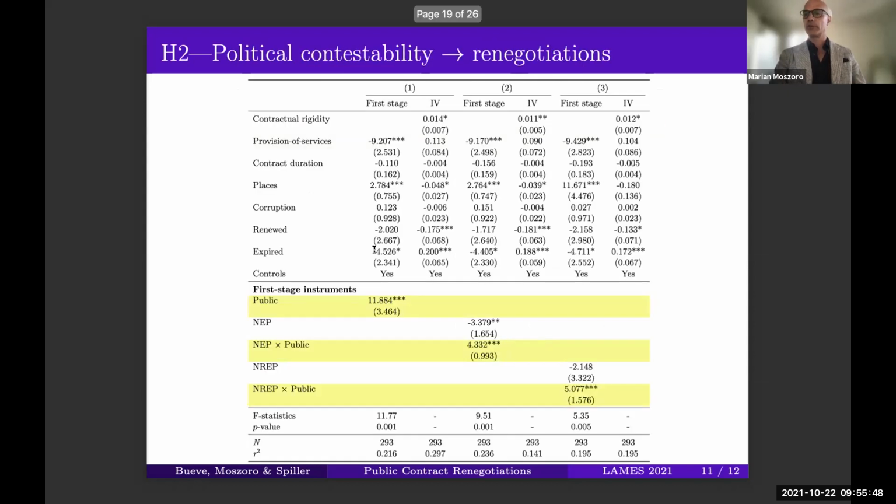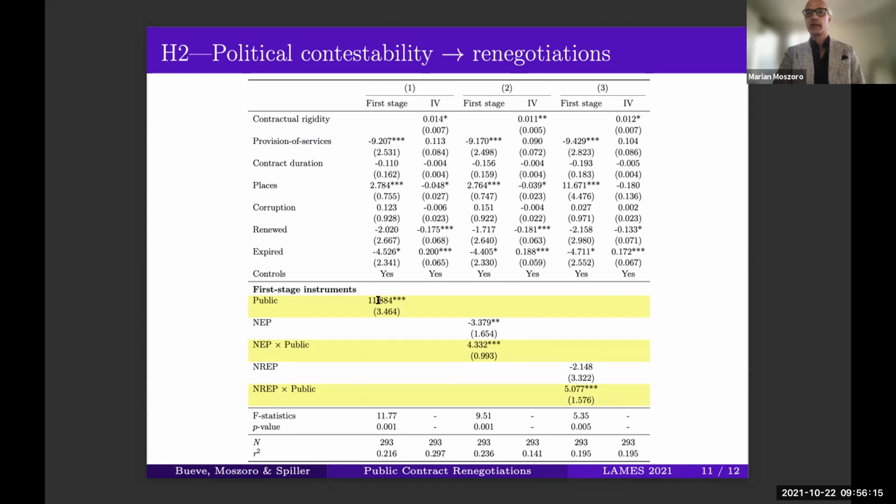For the second hypothesis, which was that public renegotiation rises in political contestability, we use an IV strategy, an instrumental variable. And we instrument, first of all, the publicness with our measures of rigidity, which we showed in a previous study were correlated with publicness.